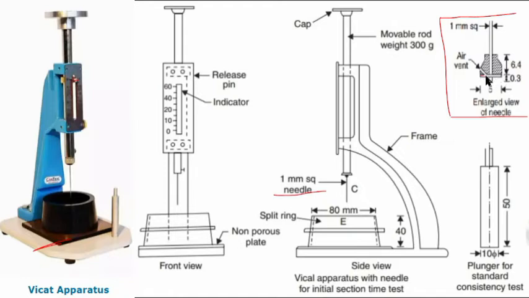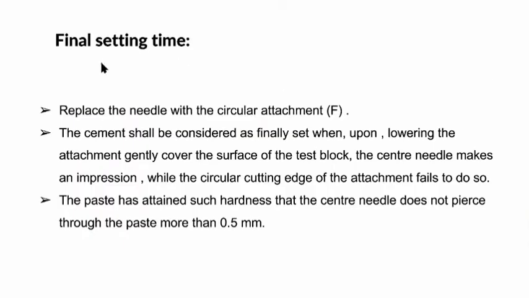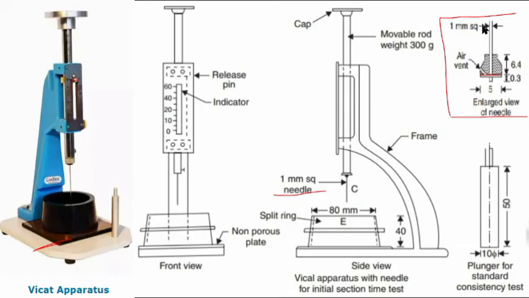This shows the circular ring around the needle, and the needle only projects about 0.5 mm out of the annular ring. For final setting time, we replace the needle with the circular attachment, that is this circular attachment.